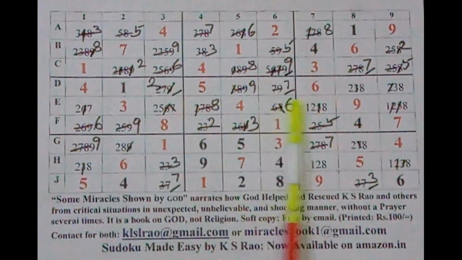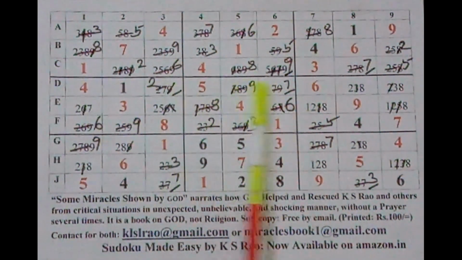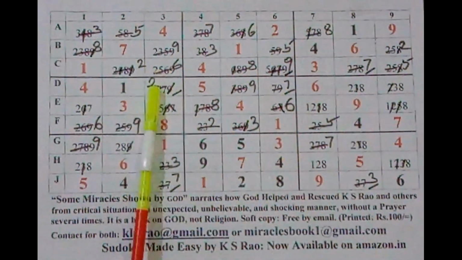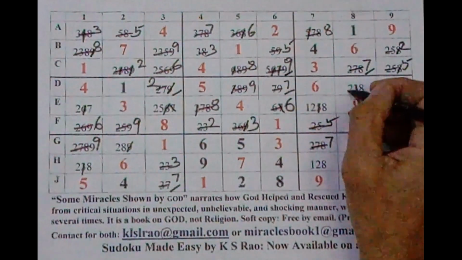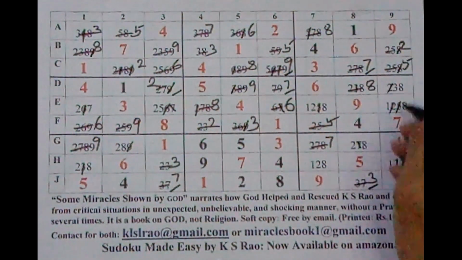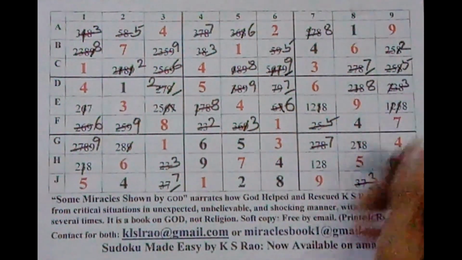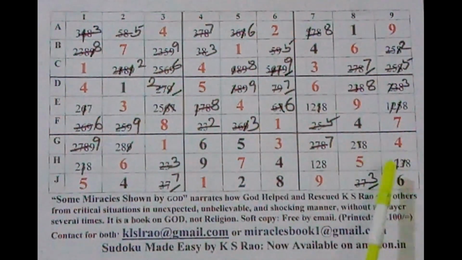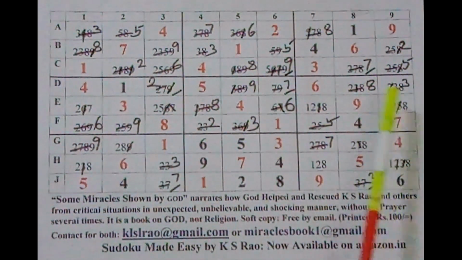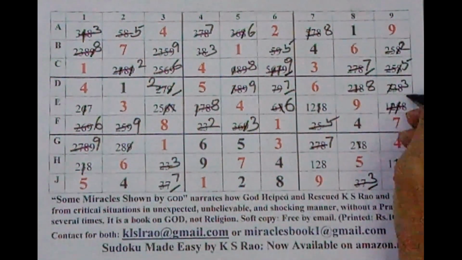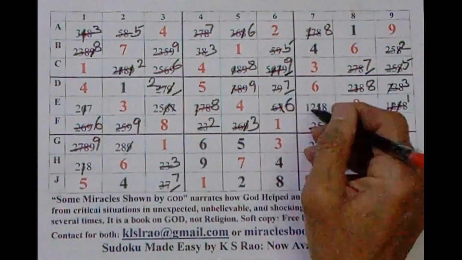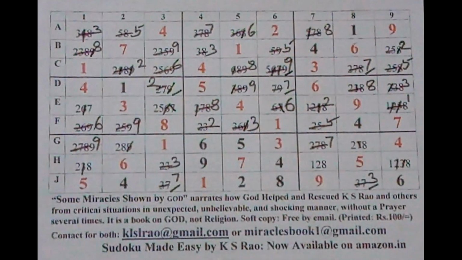And let us look at this row D. After writing this number 2 here, we can confirm 8 here, and then it is a 3 there, and after writing that 8 there, number 1 takes this place, and here it is naturally a 2.